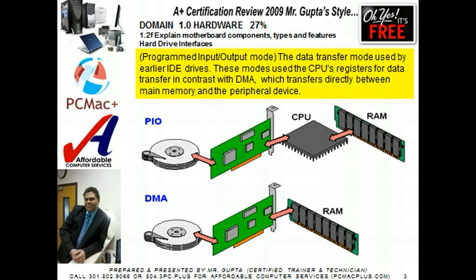There are 5 PIO modes used by hard drives, from the slowest PIO mode 0 to the fastest PIO mode 4, and 7 DMA modes from the slowest DMA mode 0 to the fastest DMA mode 6. All motherboards today support Ultra DMA, which means that data is transferred twice for each clock beat, at the beginning and again at the end.